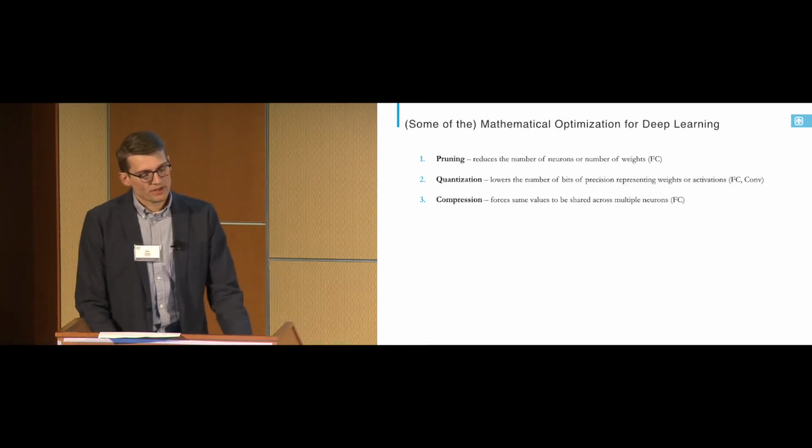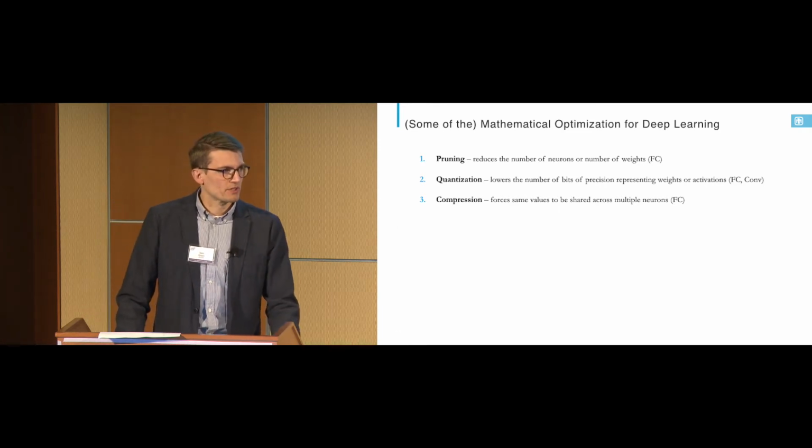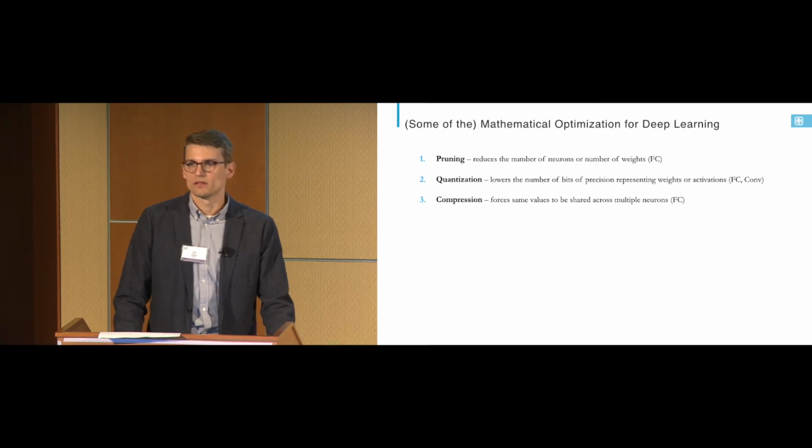I'm going to be looking at 3 of the optimization methods that are currently being used for DNN inference optimization. I'll be looking at pruning, which reduces the number of neurons or the number of weights in a fully connected layer.